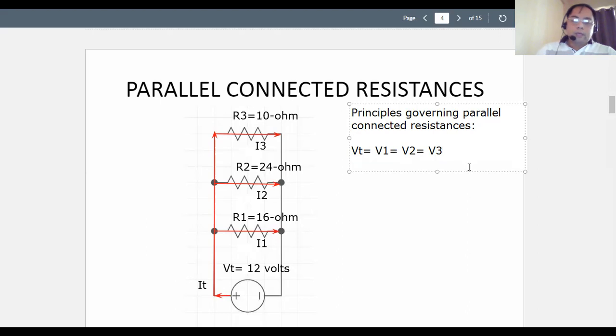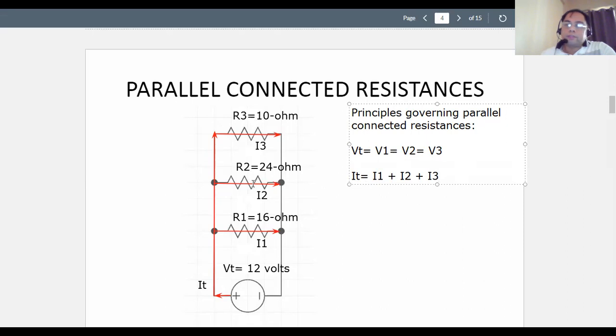Next will be our current, I total. We understand that as the current enters the junction on this side and goes into the resistances, the current simply splits. Therefore, the individual currents will have a sum, and their total should be equal to the supplied current from the battery. So I total will go into the different resistances.